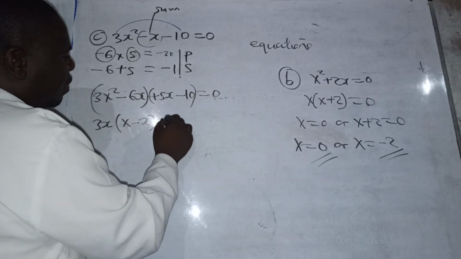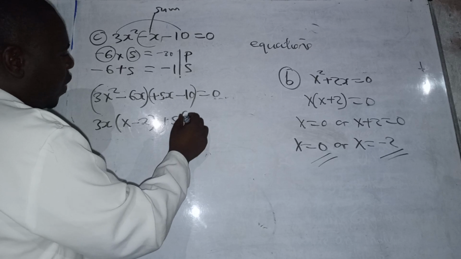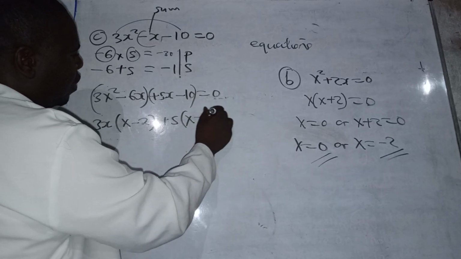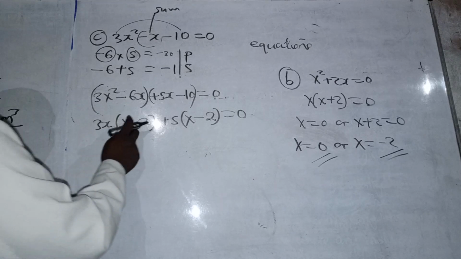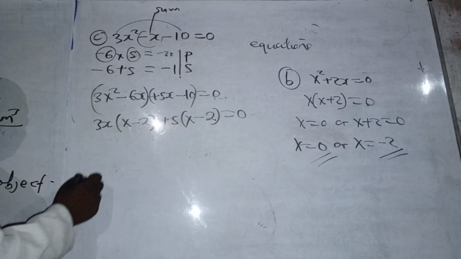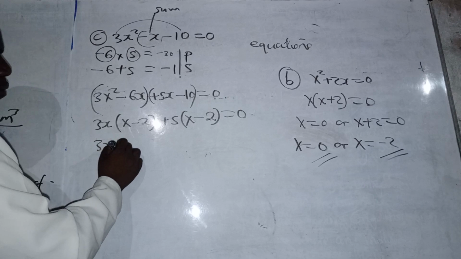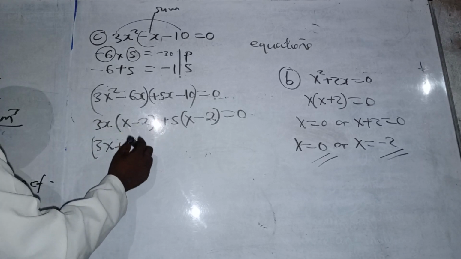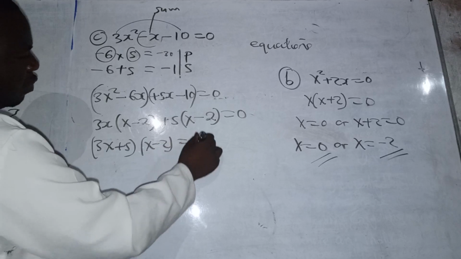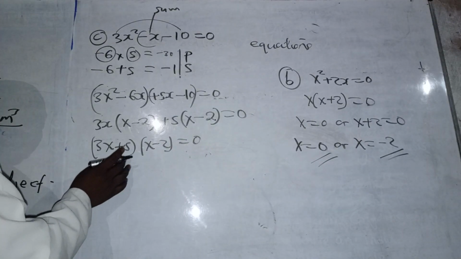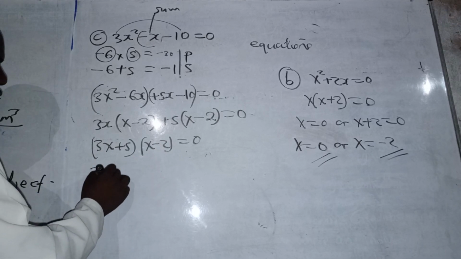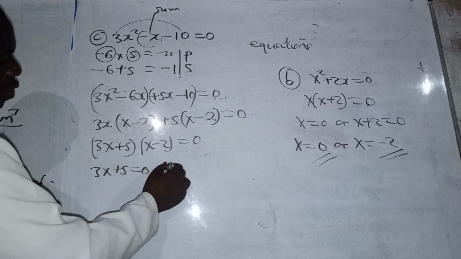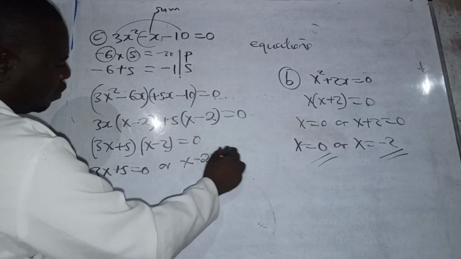Again here what's common is plus 5, 5 into 5 is 1, so remain with x minus 2 again here is equal to 0. So as you can see, the two parts are equal, so it means we're very much correct. So we get 3x plus 5, then again x minus 2 is equal to 0. Then from here, equate this part is equal to 0 and this part is equal to 0. Good, so 3x plus 5 is equal to 0, or x minus 2 is equal to 0.